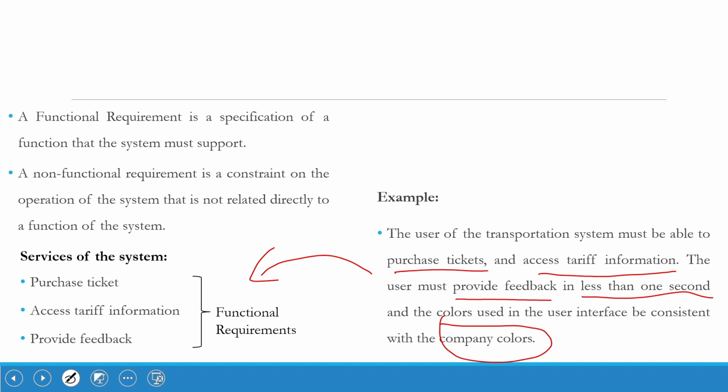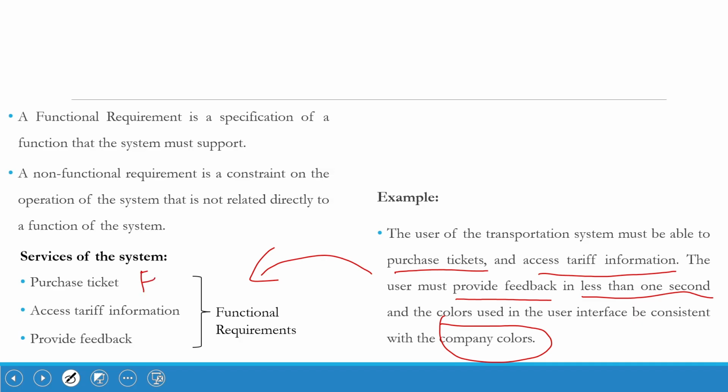The second thing, according to this narrative, is accessing tariff information. Access tariff information is another function or service provided by the system. The other thing, the user will provide their comments or feedback using the system's function. So providing feedback is another kind of function.